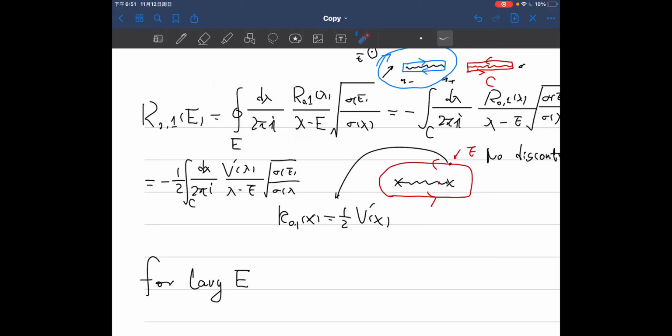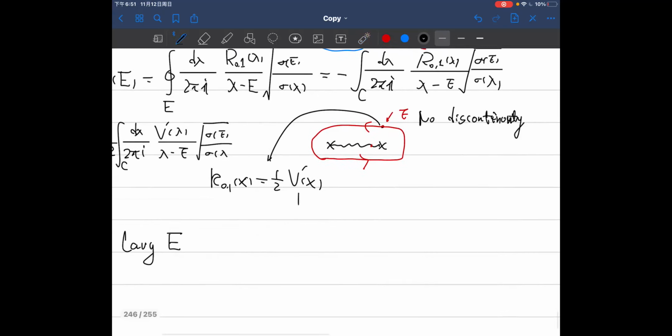What can I do? From the definition, I don't know how to get the asymptotic behavior of R. It seems quite tricky. When we need to know this, we use the definition that v prime x is equal to 2 times the integral from 0 to lambda of this, a minus lambda.